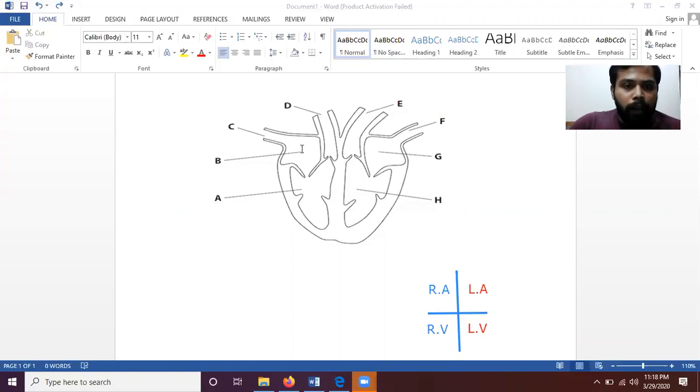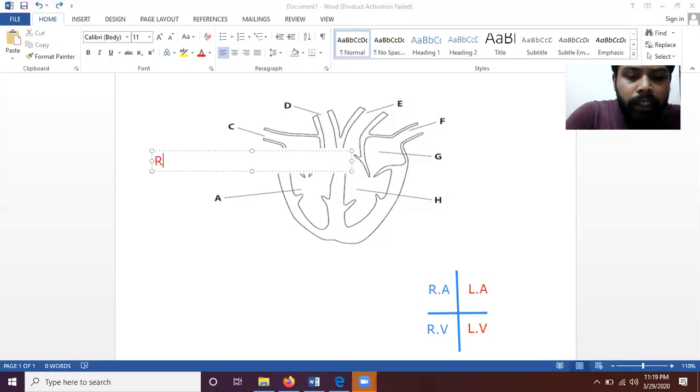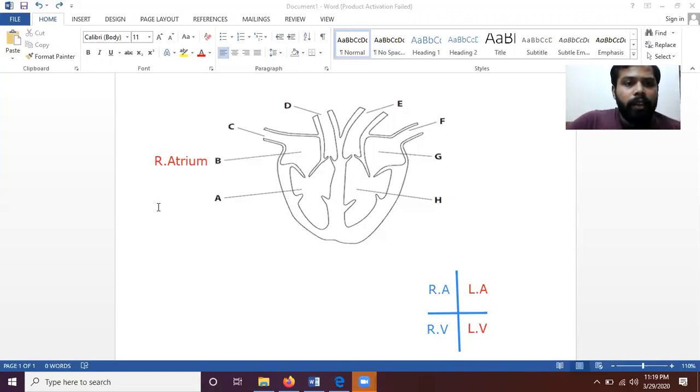So basically the upper chambers, as you can see, this is your upper chamber, this one is also another upper chamber. All right, so these are your lower chambers. So let me label them. So what is my right atrium? This is my right atrium in the heart. And this is my right ventricle basically.